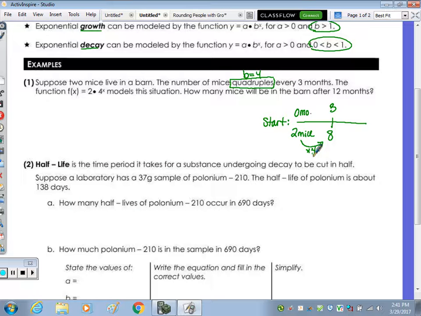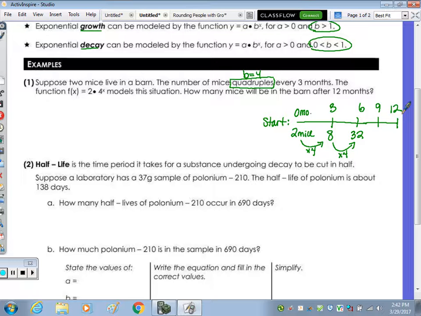When's the next change? Because it's going to quadruple every 3 months, so 6. And then we're going to have how many mice? 32. Because 8 times 4. So take a minute to look at how many at 9 months, and then to finish at 12 months.